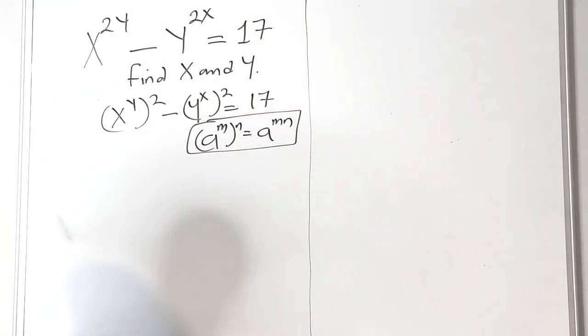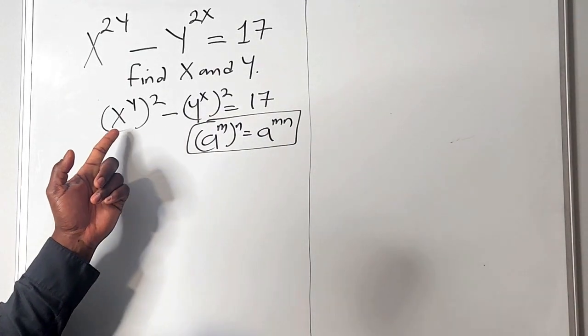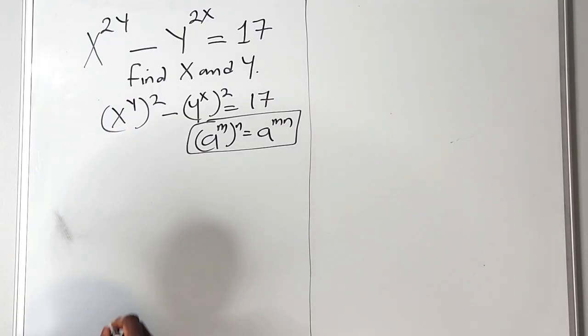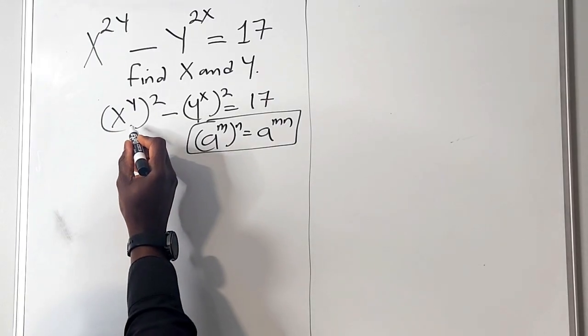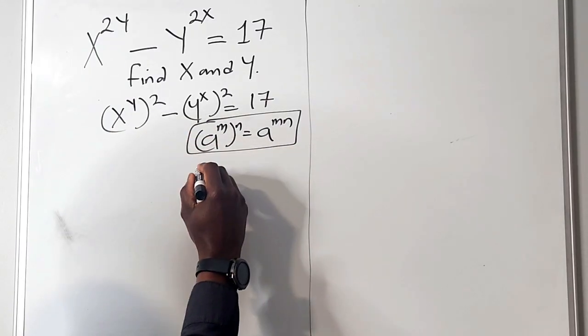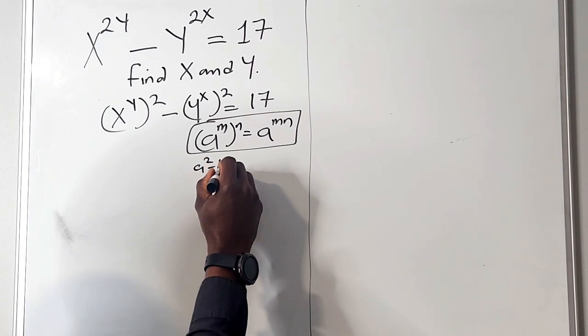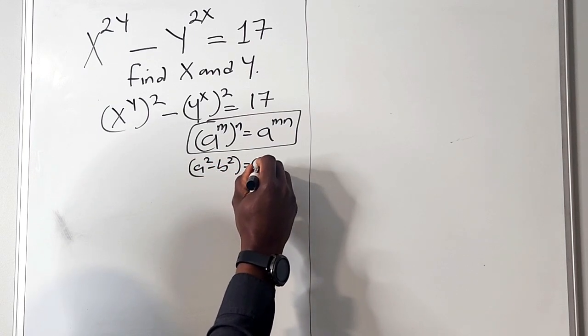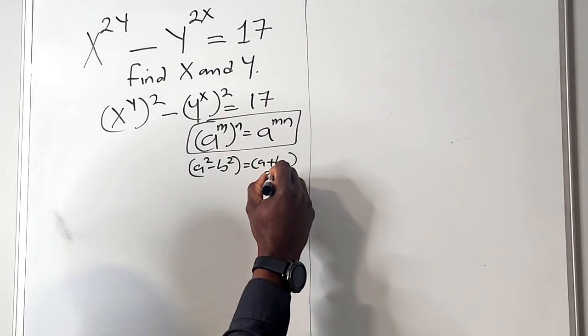All right, so that's why we're able to rewrite this in this format. Now, if we notice, this is in the form of a squared minus b squared, which is equal to (a plus b)(a minus b).